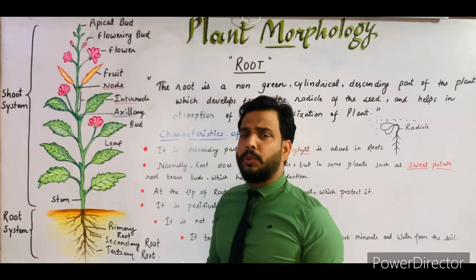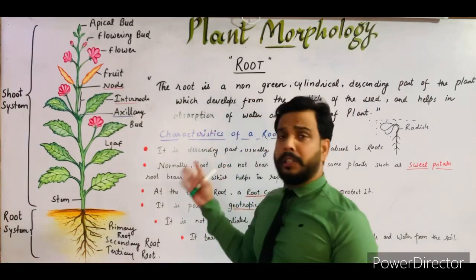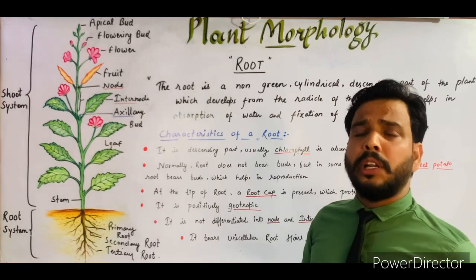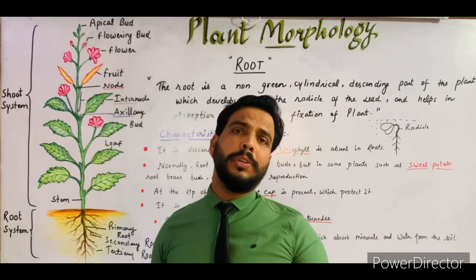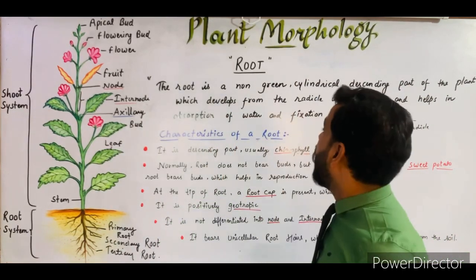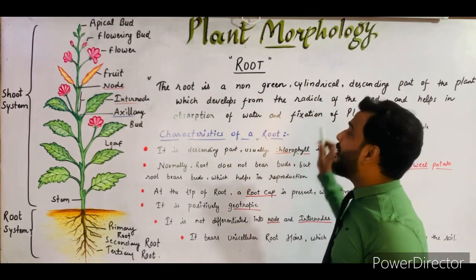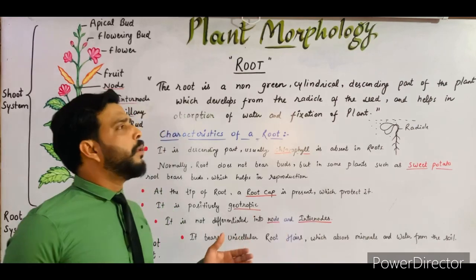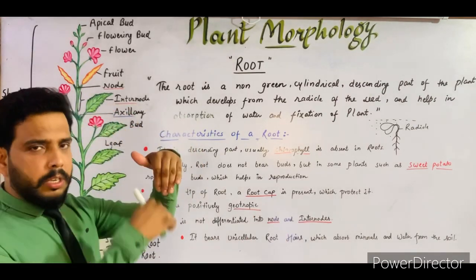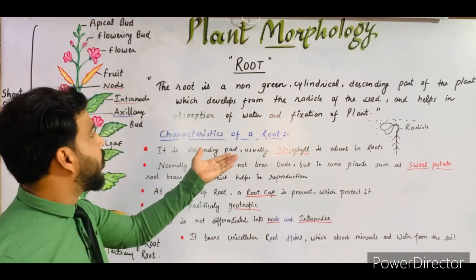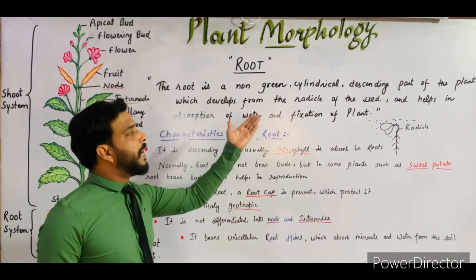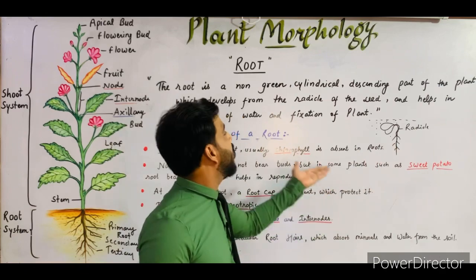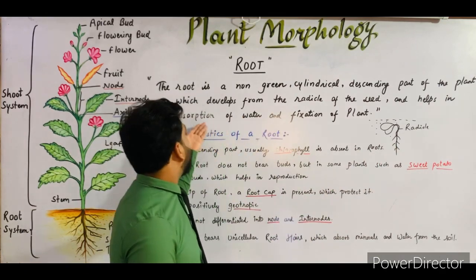So that was an introduction about the root. Now, what about the definition of root? As we know, chlorophyll is generally absent in the root, so the root is a non-green part of the plant. It is cylindrical in shape, a descending part of the plant as it grows inside the soil. It develops from the radicle of the seed, and helps in absorption of water.